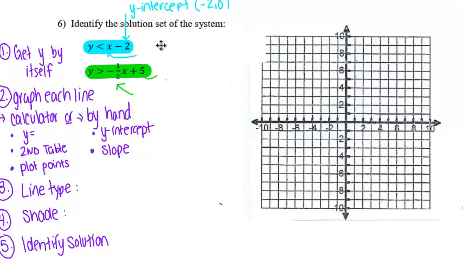Then we're going to need our slope. So it's 1/1, so up 1 to the right 1. And then this has no line under it, so it's going to be dashed, and then it's less than, so we're going to shade down or below.